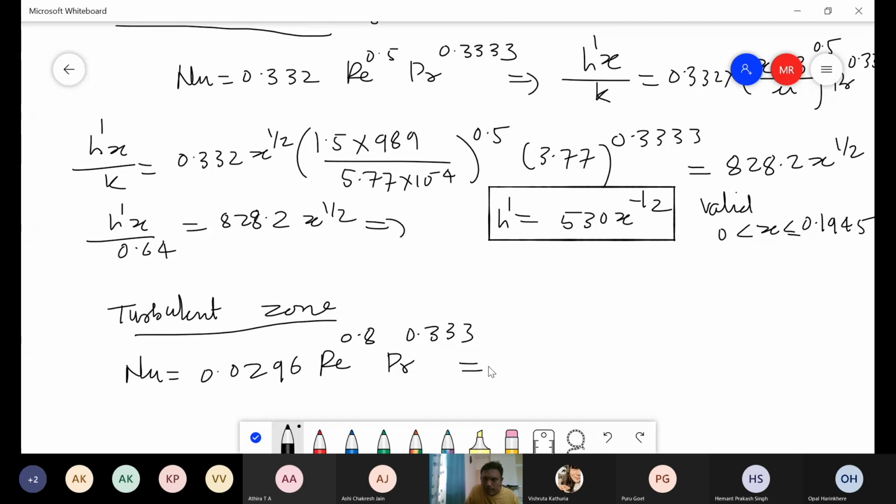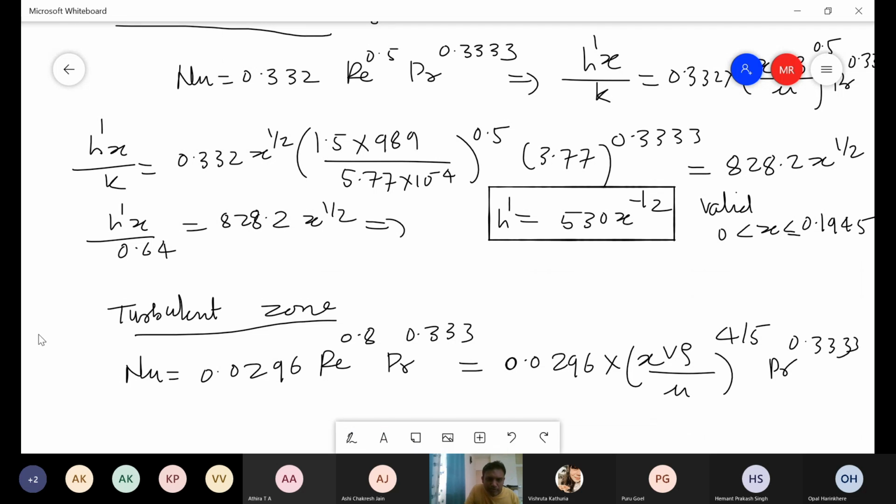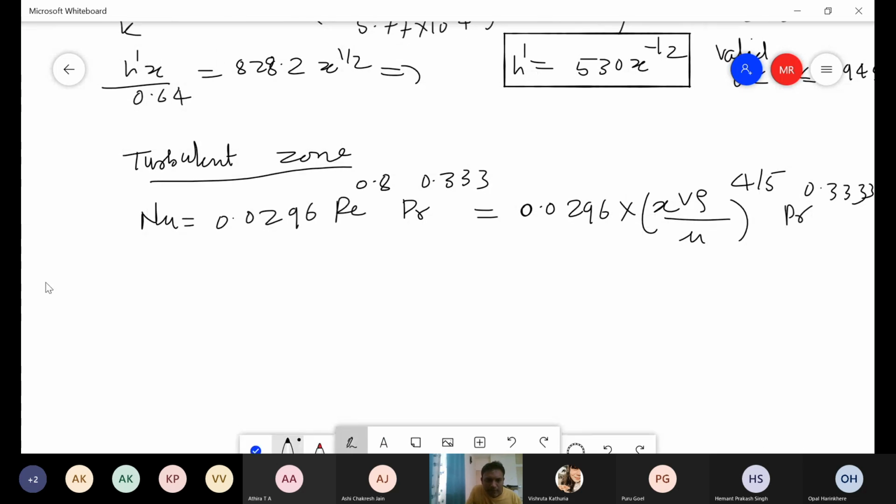So this again we can simplify as 0.0296 into x v rho by mu raised to 0.8, that is just 4 by 5, and we can simplify this Prandtl number 0.333.